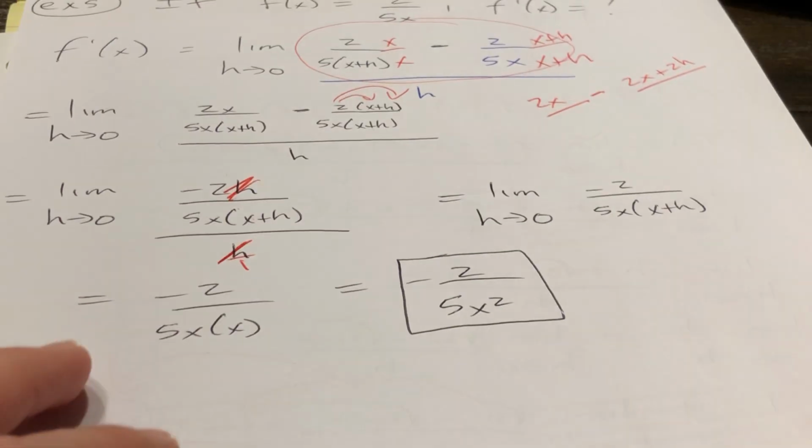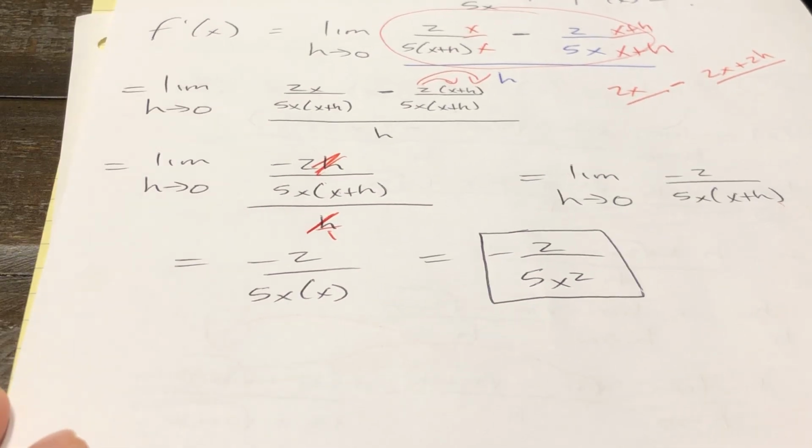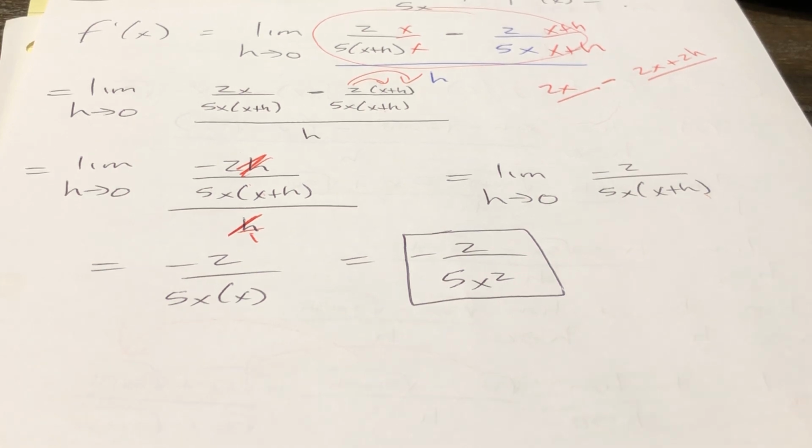Anyway, I might not be precise, but you know what I'm saying there. Sometimes layman's speak is more helpful. The h cancels, and that's great because it's going to 0. It's causing issues. Now I can truly let h be 0. I get negative 2 over 5x squared.